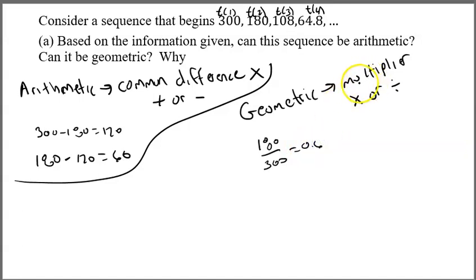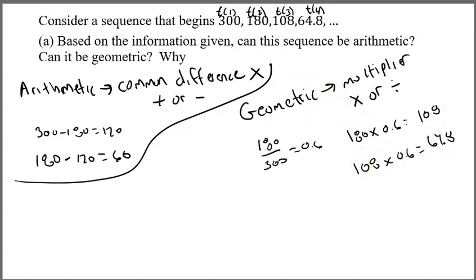We're going to see if that's the case. In order to get from 180 to 108, I have to be able to multiply 180 by this number to get 108. So 180 times 0.6, I get 108. That looks pretty good. Now to get from 108 to 64.8, I have to multiply by 0.6, and I get 64.8.